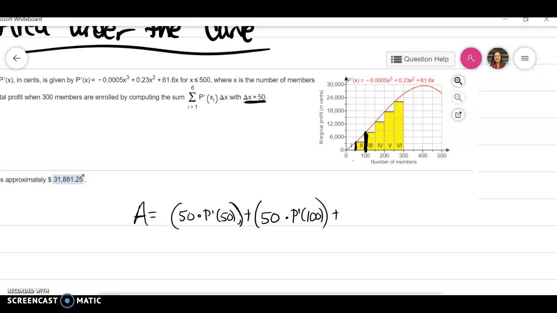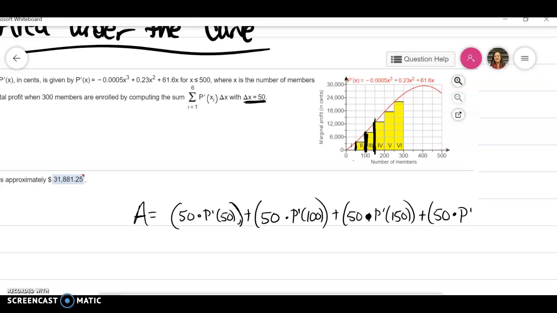And so plus, I found this first one, the second one, and this third one is here, that rectangle starts there. So the width is 50, and the height is going to be p prime of 150, plus 50. That's supposed to be times. I'm writing too fast.